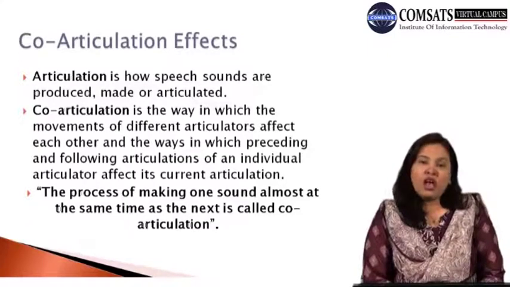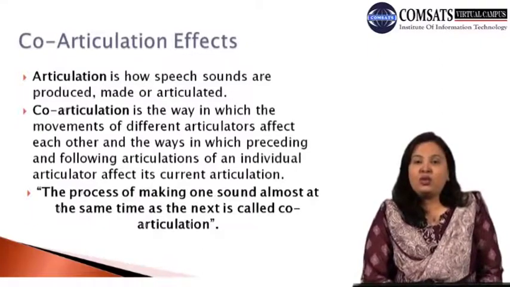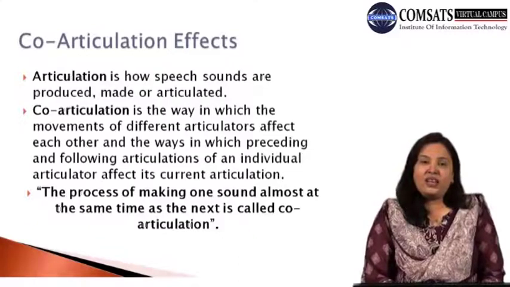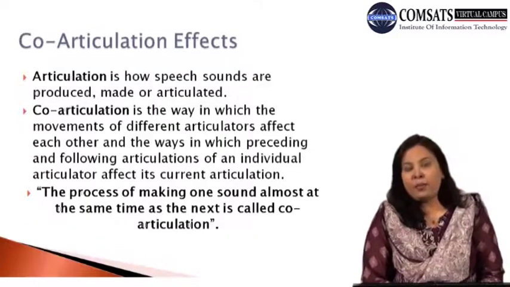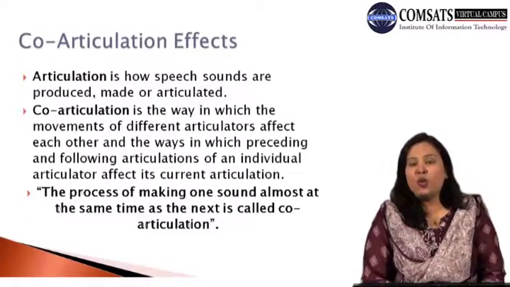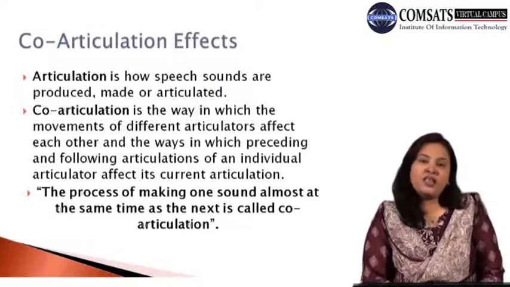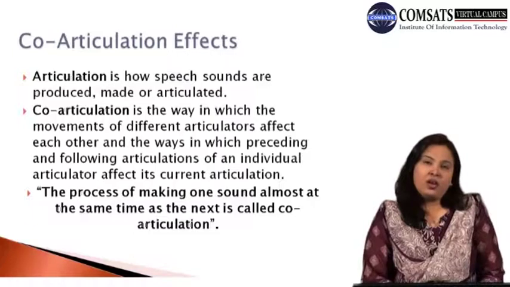That when two sounds are articulated at the same time, it is known as co-articulation. Because when two sounds are articulated at the same time, what happens? The speech organs are the same, but for producing one sound, certain speech organs are involved, and to produce another sound, different speech organs are involved.